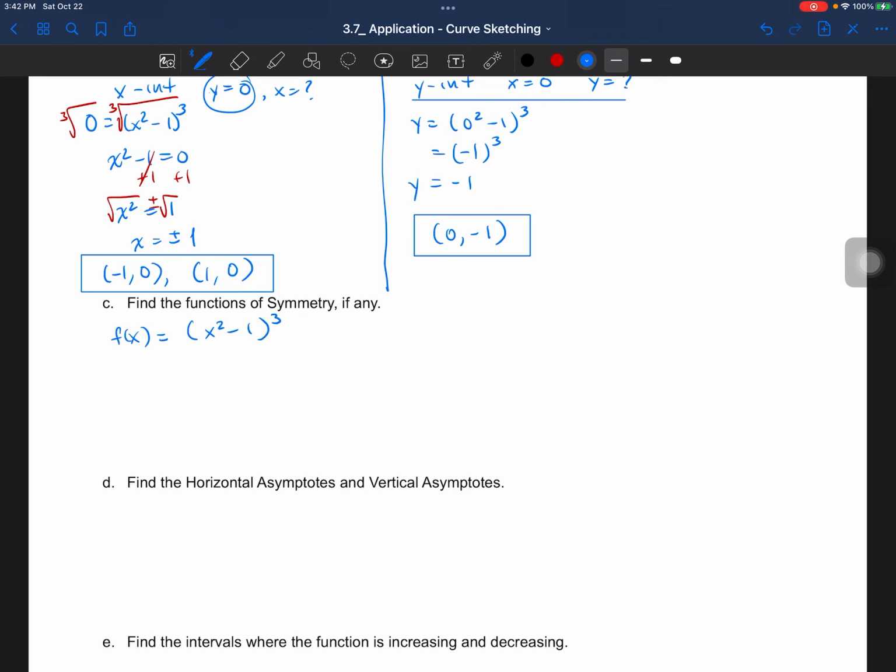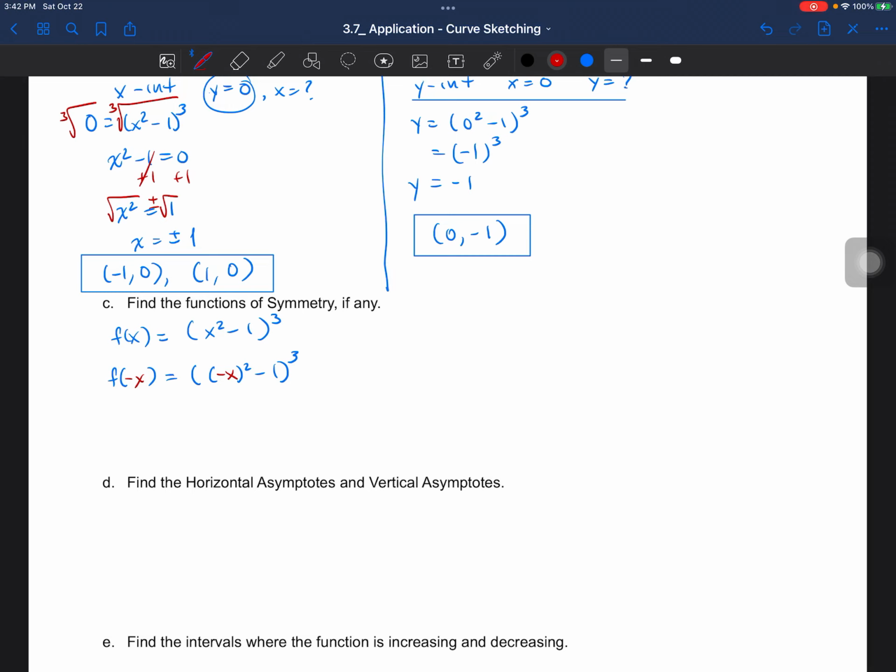If I take back the original function, I know it's in terms of y, but I'm just going to write it in terms of x. What you do here is take the inside and change it from positive x to negative x. That's the technique that we learned back in algebra. So replace the function with negative x and see what you end up getting.